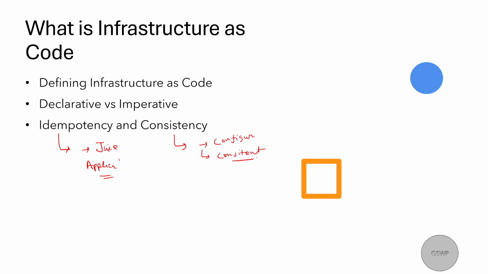So infrastructure as code should give you idempotency, meaning if you run your code multiple times, it will give you the same result. And consistency means whenever any change happens to your infrastructure and you apply your infrastructure as code, you will get the same state that is written in your IaC. So this is idempotency and consistency.